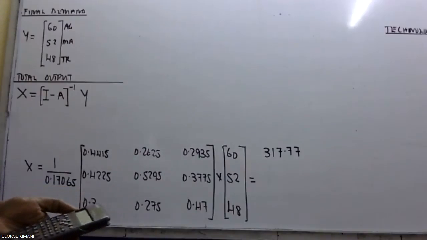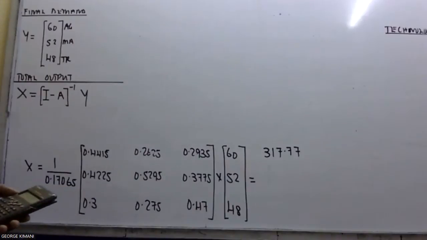I have lost. I'm getting an error. Okay, let me do it again. Just give me a minute, please. Oh, instead of multiplying by, I put decimal.